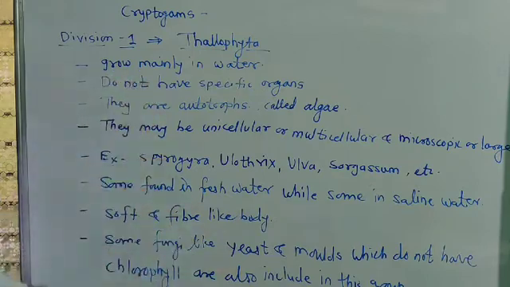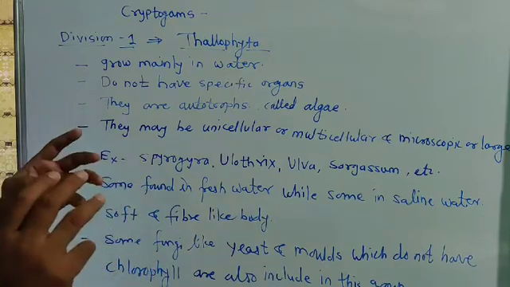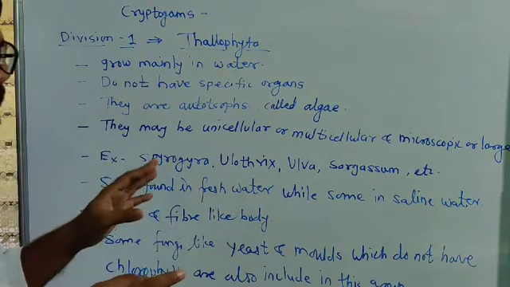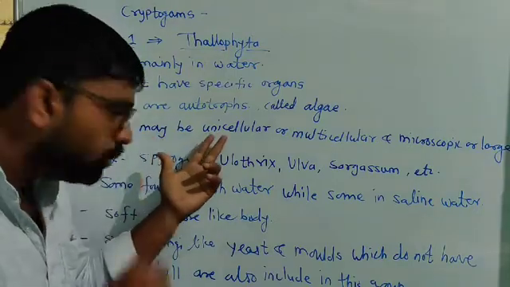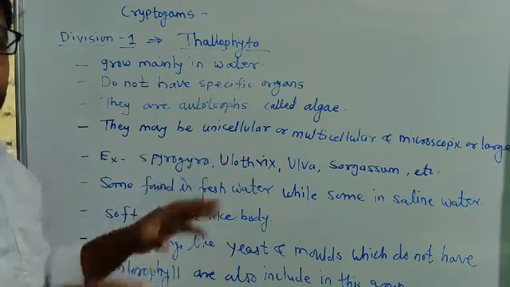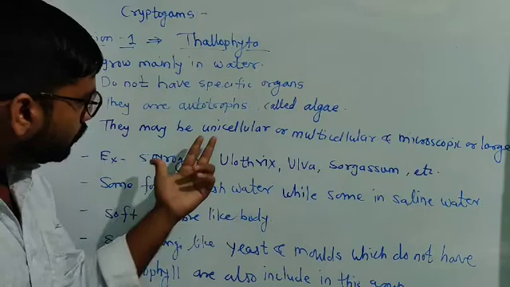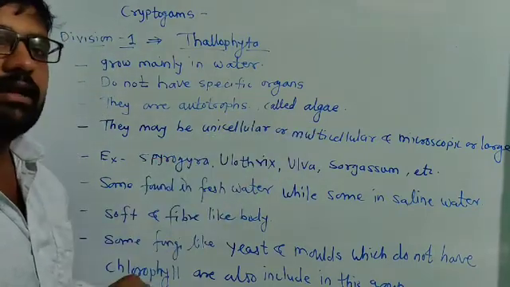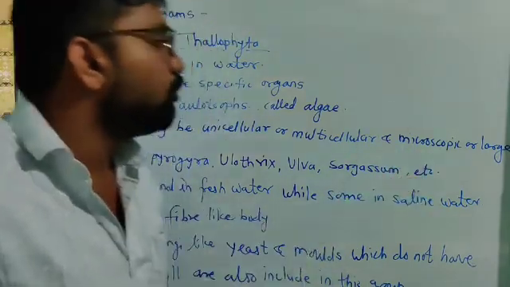If we see their body structure and the number of cells present, in some there is only one cell, and in some we see many cells.